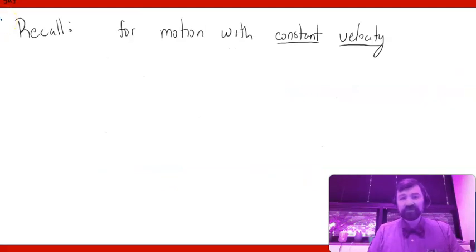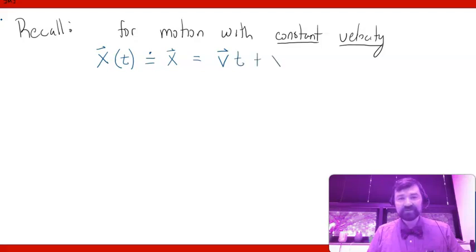For motion with a constant velocity, we could write that the position, x as a function of time, or if you prefer just simply x, was equal to the velocity times the time plus the initial position.